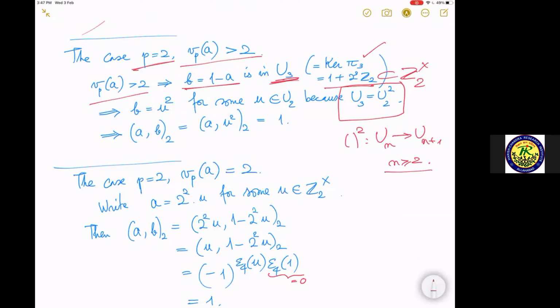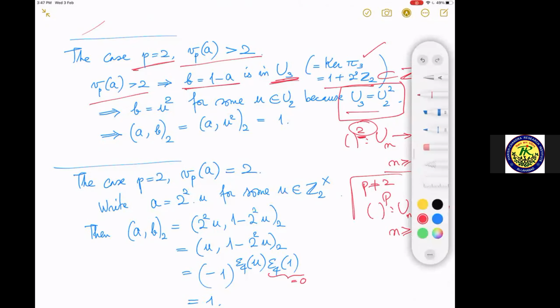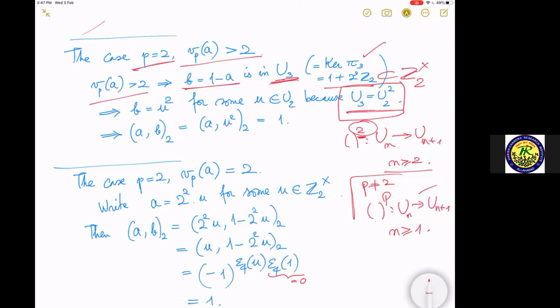I mean, if P is different from 2, then the pth power map takes UN to UN plus 1 for every n greater than 1. But for P equal to 2, anyway, so we have U3 is U2 squared.